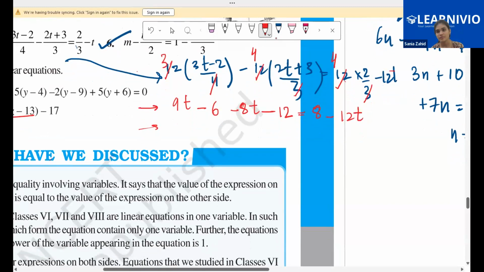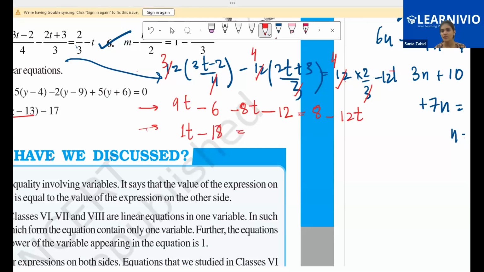Next step, Harmeen, you tell me. Yes, ma'am. We can first separate 9t minus 8t, that gives 1t, very good. And minus 6 minus 12 gives minus 18.